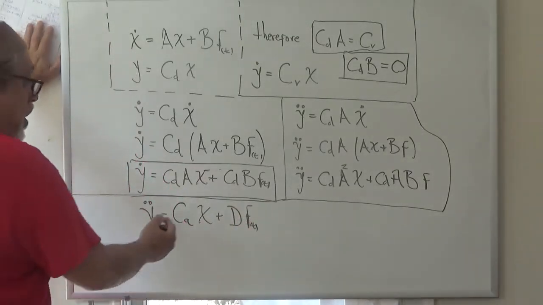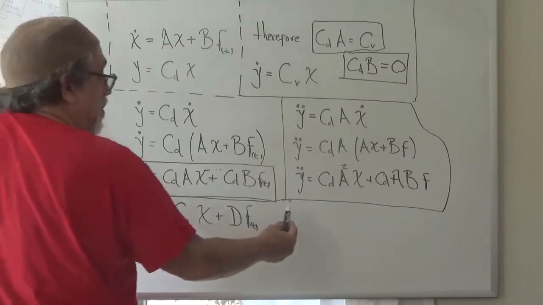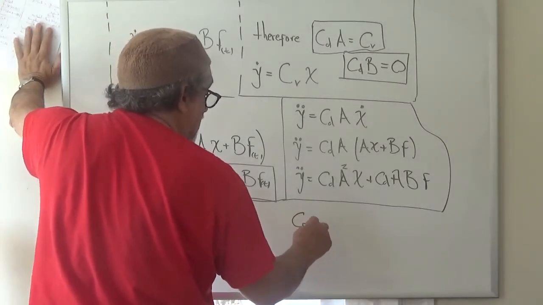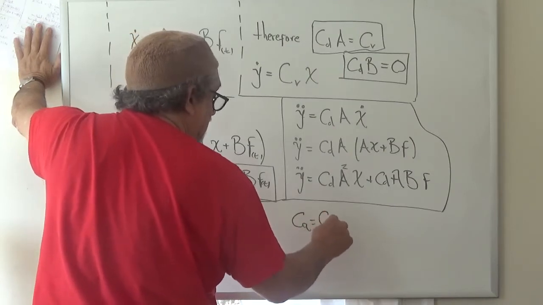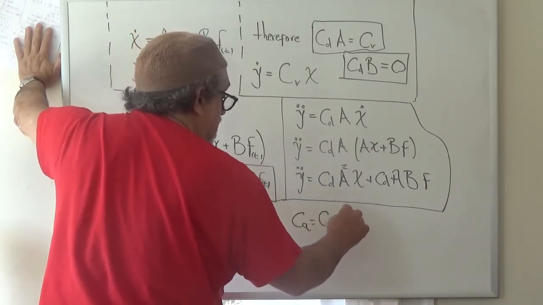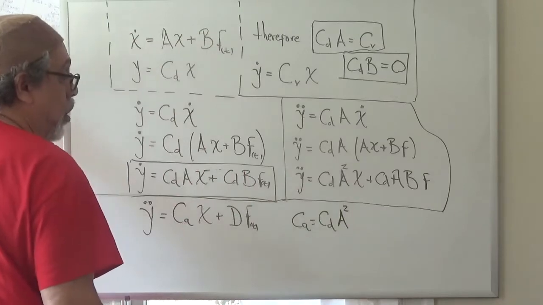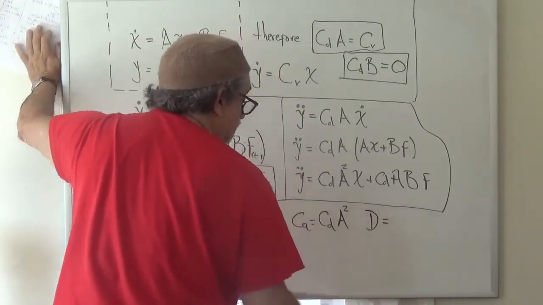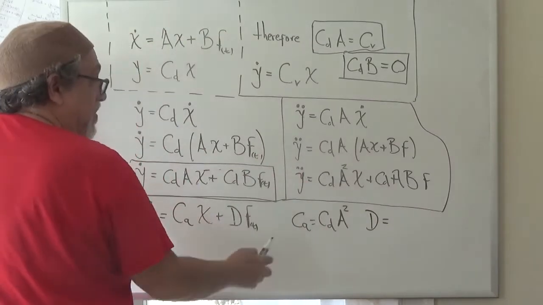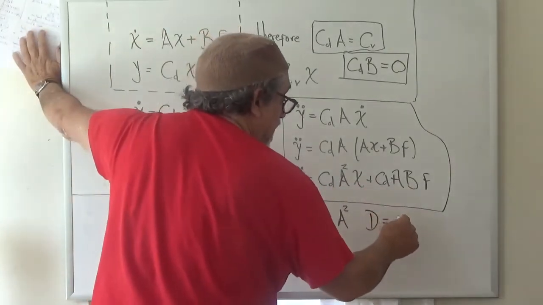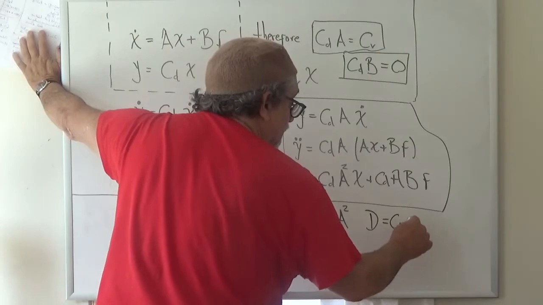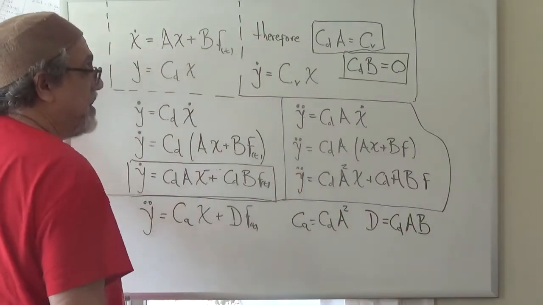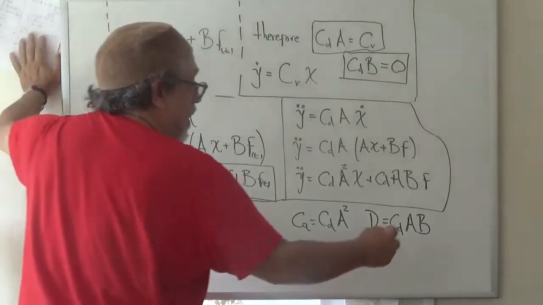So from here we conclude then that there is another relationship. That is, we conclude that CA is equal to CD times A squared, right? And we also, interestingly, find the relationship that the direct transmission term is actually given by something that is a Markov parameter, right, for displacement, which is CDAB.